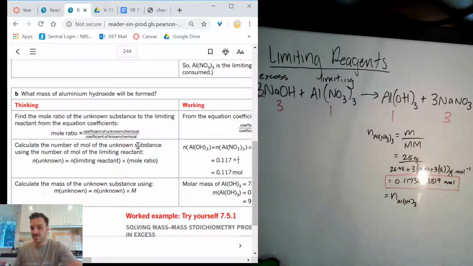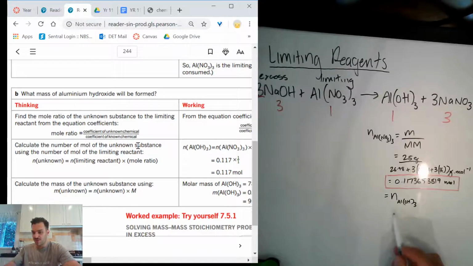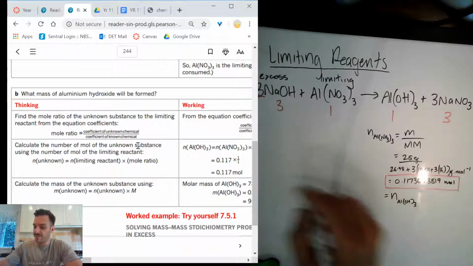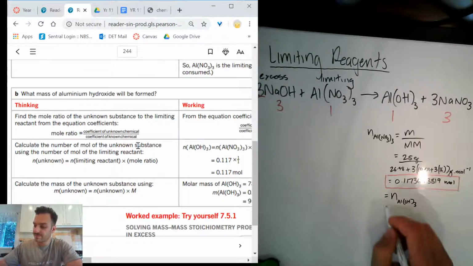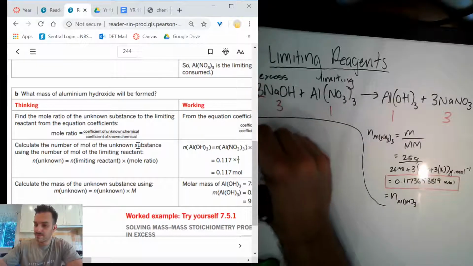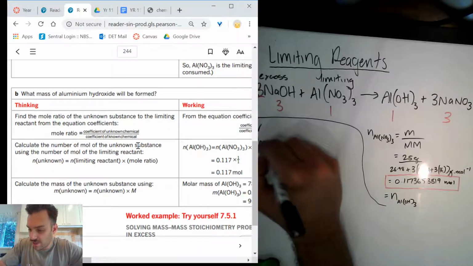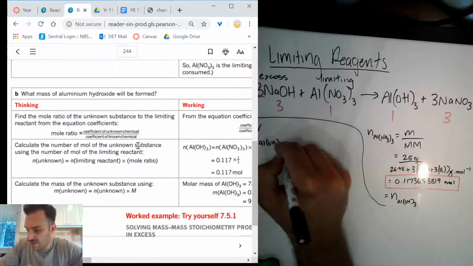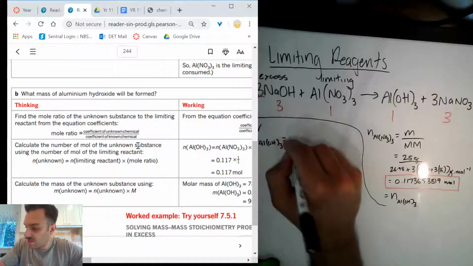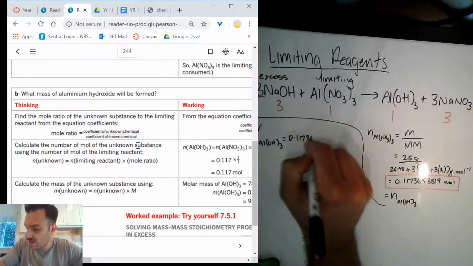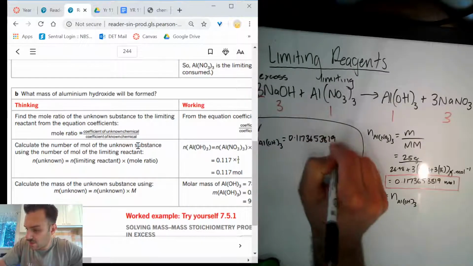Okay, so this is a fairly easy problem now. All we need to know now is the mass of aluminium hydroxide formed, which we can convert from the number of moles. So I'm just going to come back up here. Let's start here again. My number of moles of aluminium hydroxide, now in a question, you don't really need to write this out again, I'm just doing this for clarity, is 0.1173653819 moles.